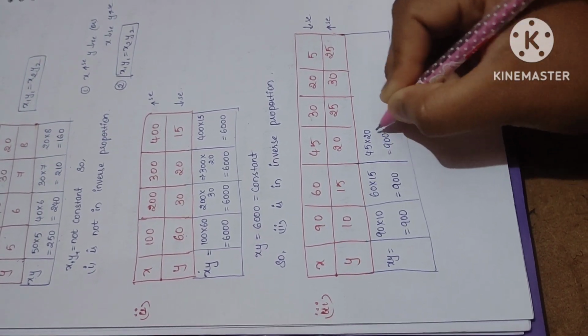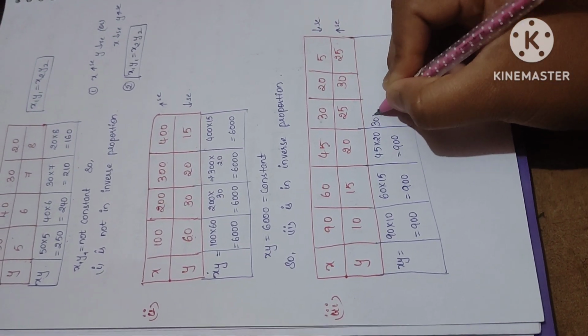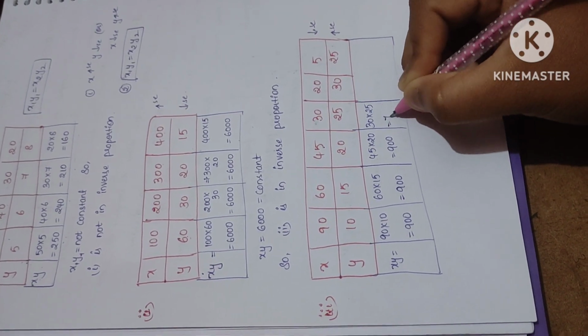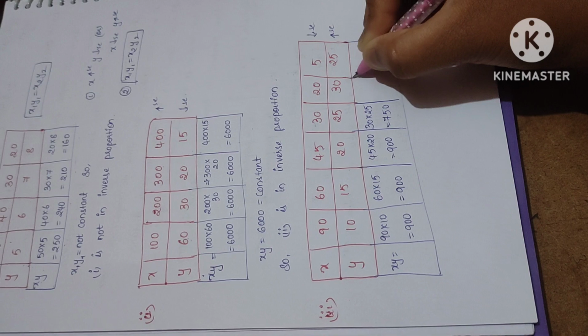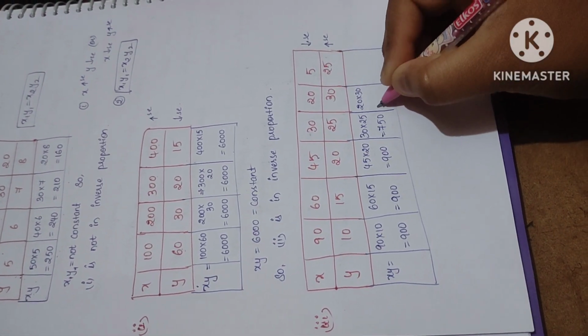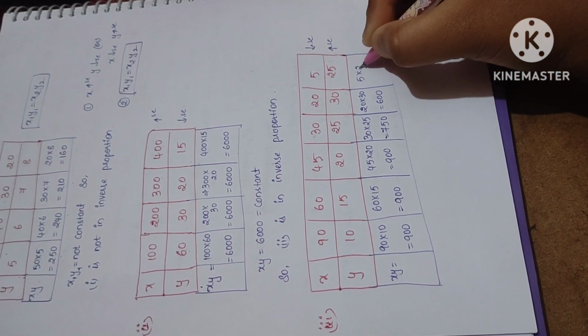In fourth column 30 into 25, the multiplication of 30 into 25 is 750. Next column is 20 into 30, 2 3s are 6, 2 zeros. We will get 600. In the last column 5 into 25, that is 125.